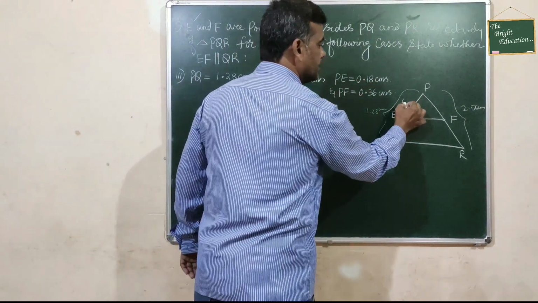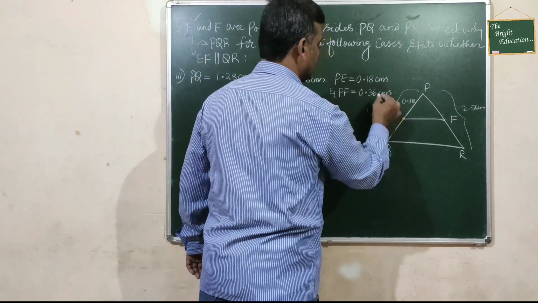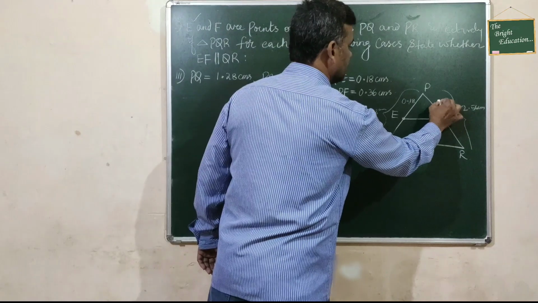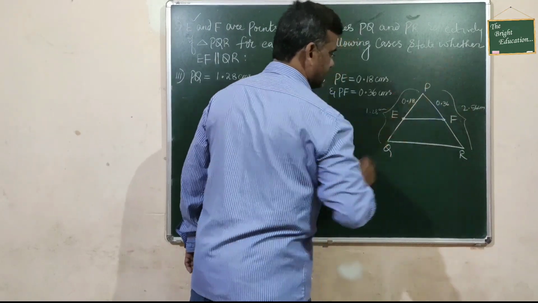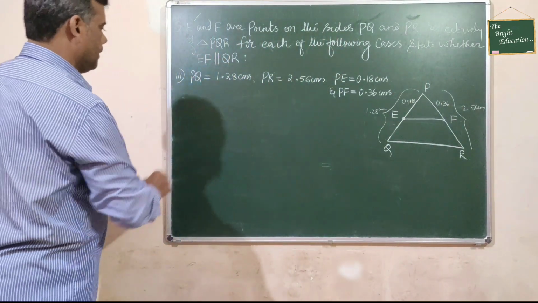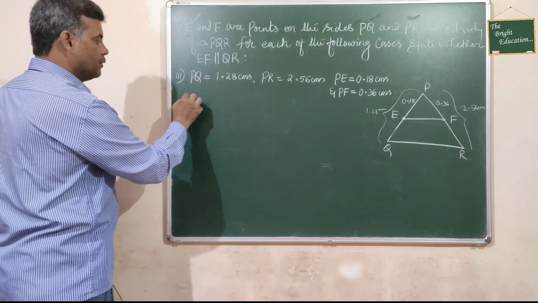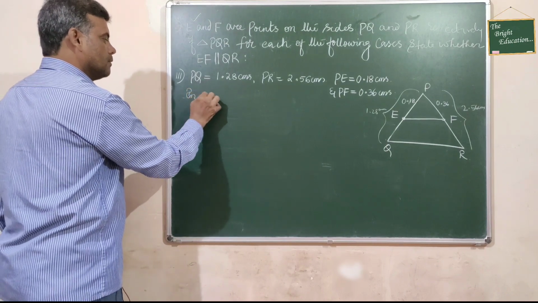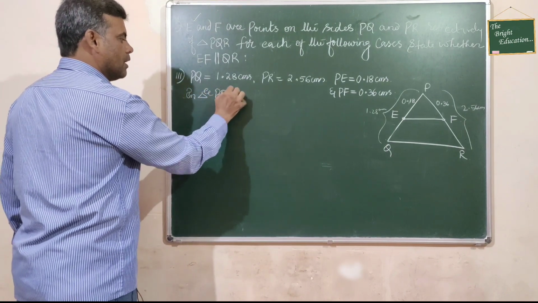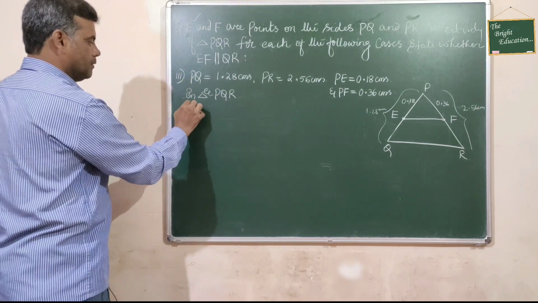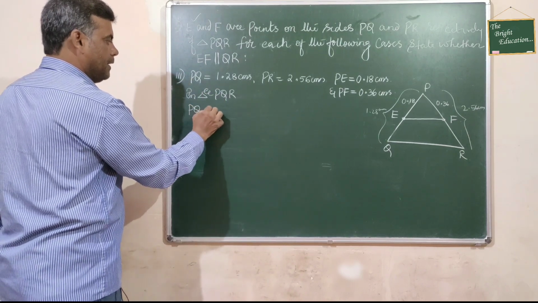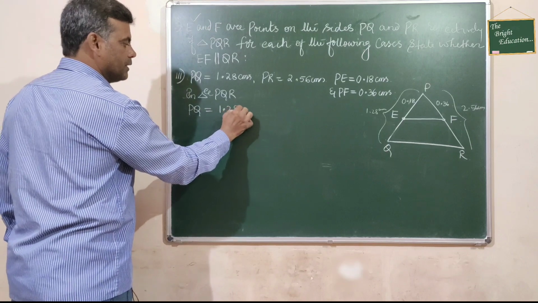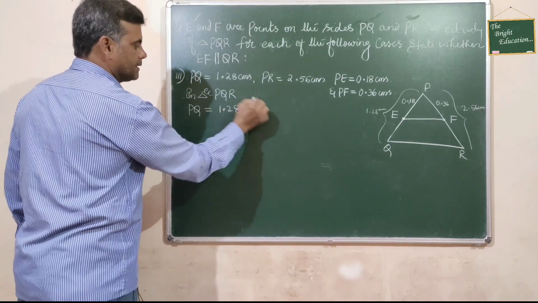PE is 0.18 and PF is 0.36. So in triangle PQR, PQ is equal to 1.28 centimeters.